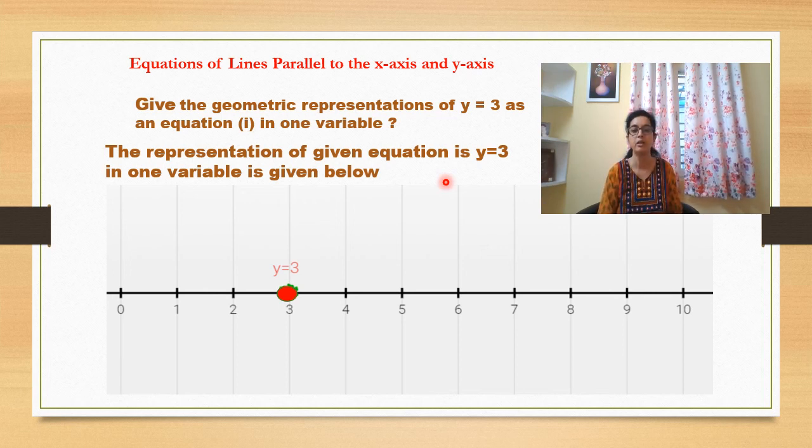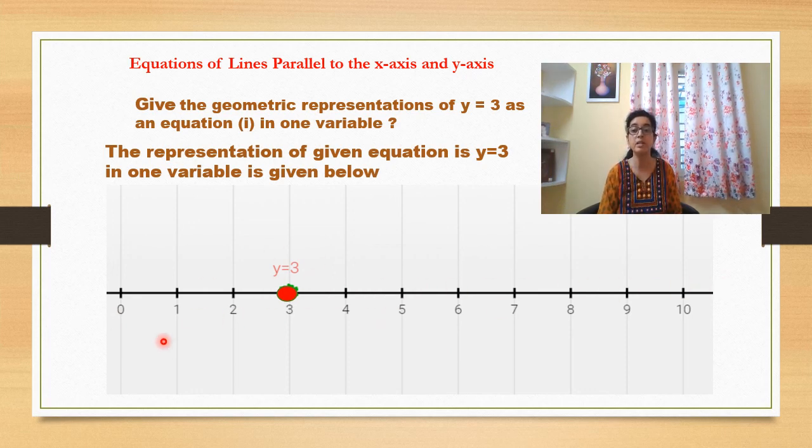How to plot it? First, you have to make a number line and then you have to put a point on the place of 3 and just encircle that point. But this time you are going to write y is equal to 3. Imagine that this is the y-axis, though it is horizontal. Here we are imagining this is a y-axis and we are plotting a point 3 and naming it y is equal to 3.